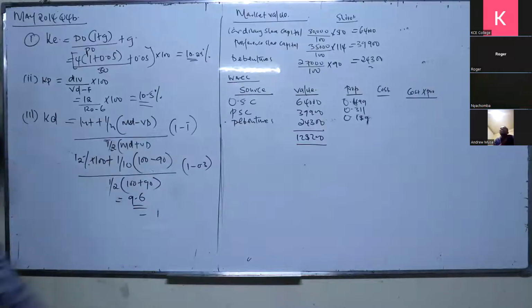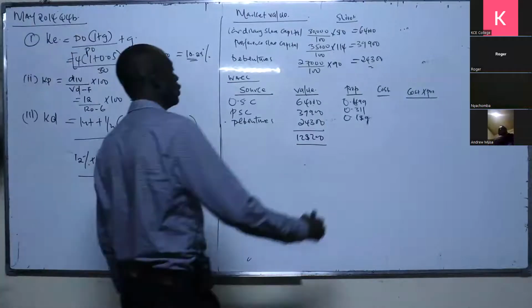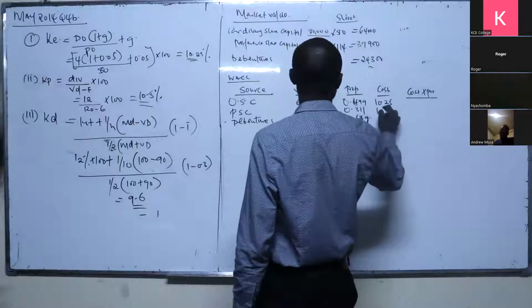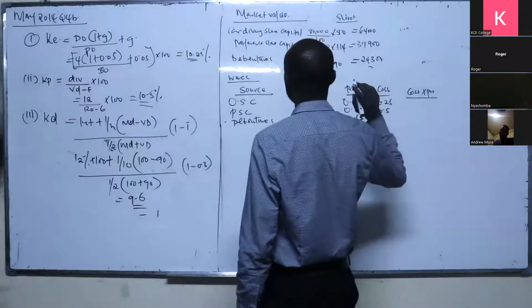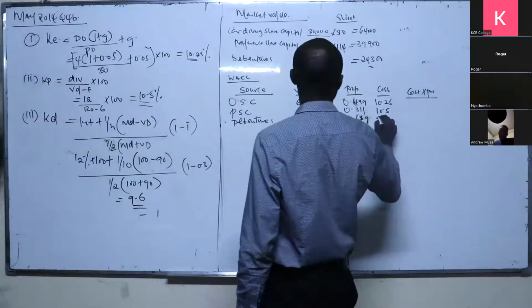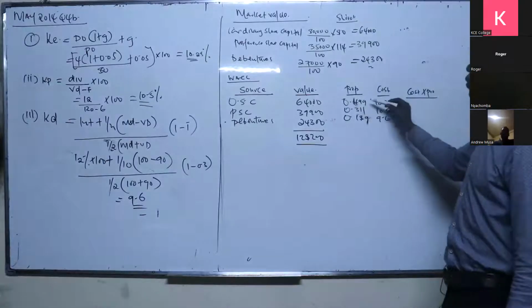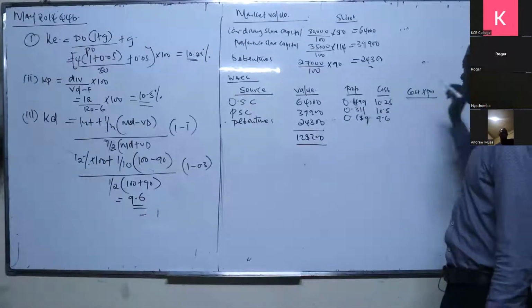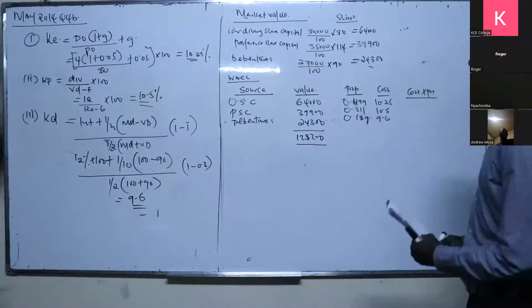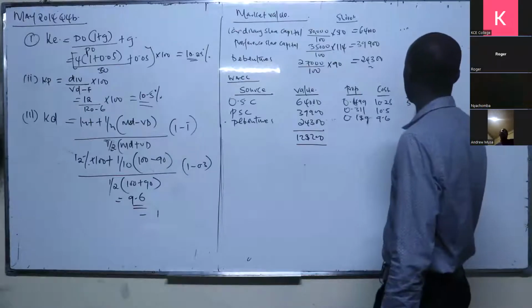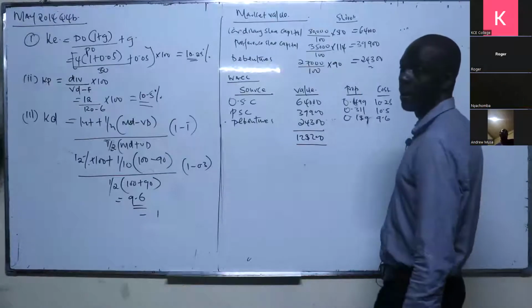And then you just write the cost of capital. For ordinary share, it was 10.25. So right here, cost 10.25. For preference shares, it was 10.5. And then for debt it was 9.6. Then you multiply this one times this. 0.499 times 10.25. What would be the answer? 5.11.